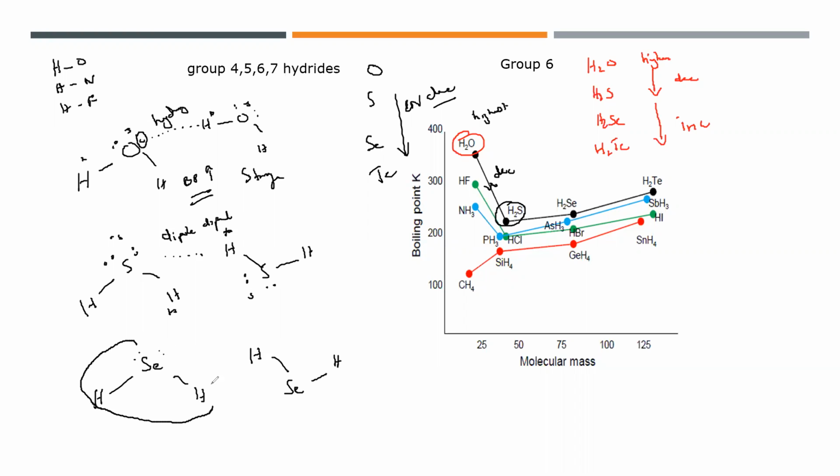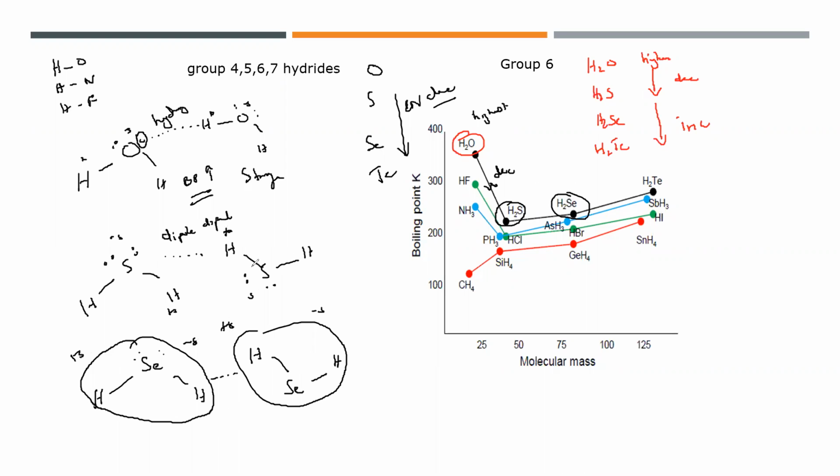When two molecules collide with each other, momentarily they create partial positive and negative, and this is known as dipole induced dipole force. Dipole induced dipole force increases as the number of electrons increases. So you can see hydrogen selenide's boiling point is higher. Why? Because it has more electrons and it has greater, stronger dipole induced dipole force.